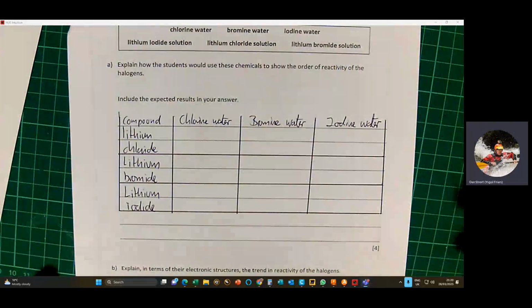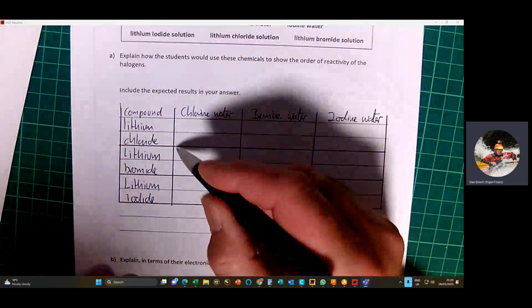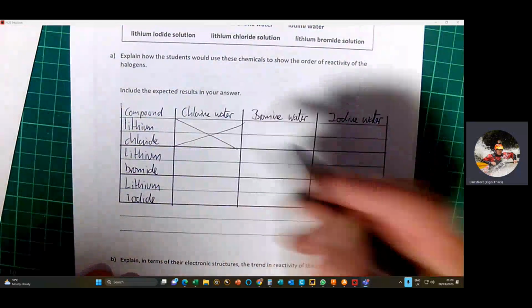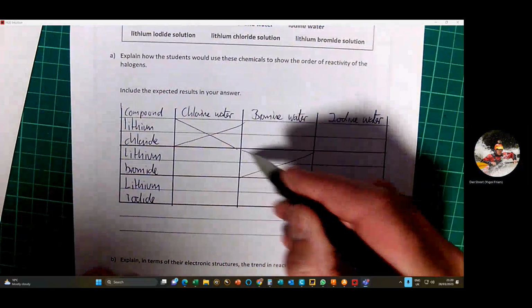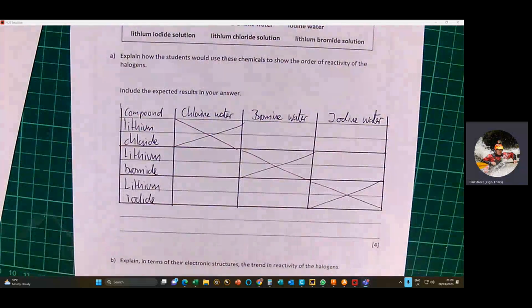Okay, so the combinations where we've got the halogen and the halide, there's no need to do those combinations because nothing would happen. Those are non-reactions.